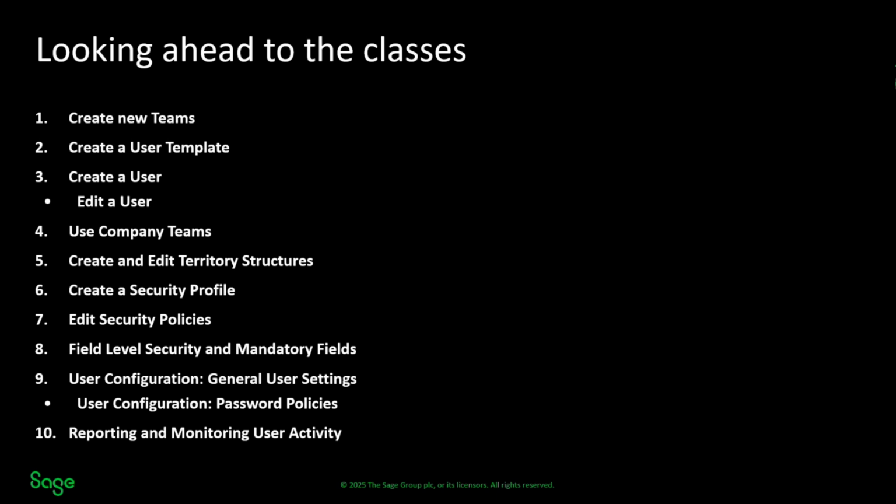It does have an overlap with one of the other phrases which unfortunately exists there, which is called company teams, but we'll be explaining that concept a little bit later on. But everything there matches or intersects with the other topics that we'll be looking at.